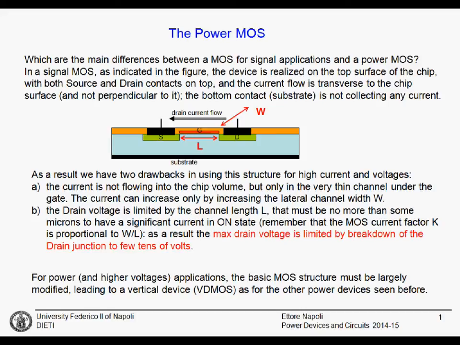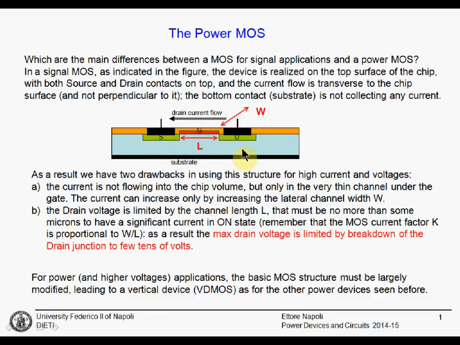Yes, it does. This is the conventional MOSFET that you know, the signal MOSFET, low power MOSFET. The device is manufactured on the top surface of the silicon. You have the wafer, the substrate, and you have a source and drain diffusion.